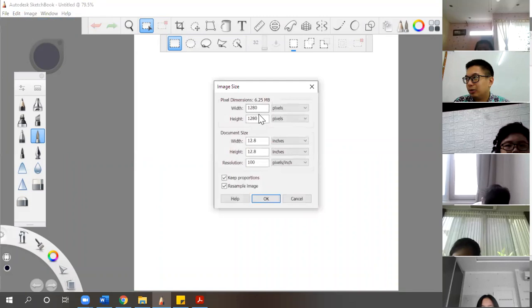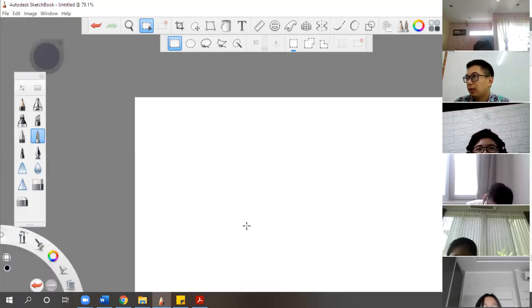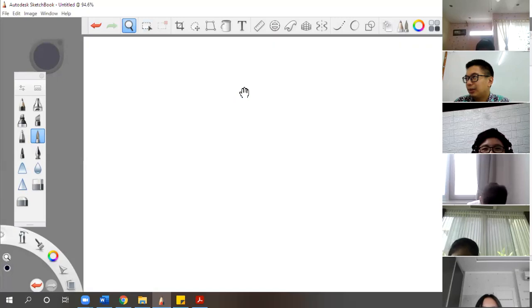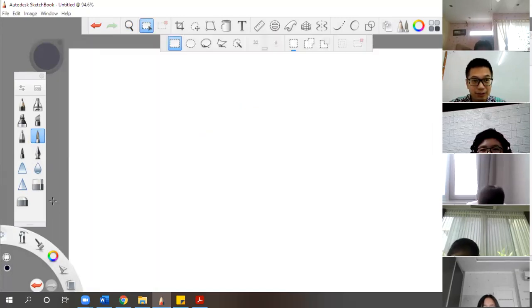You need to pay attention. 2560. Now, how do you calculate or measure the area and perimeter? First things first, I want to focus on this. We have the shape.